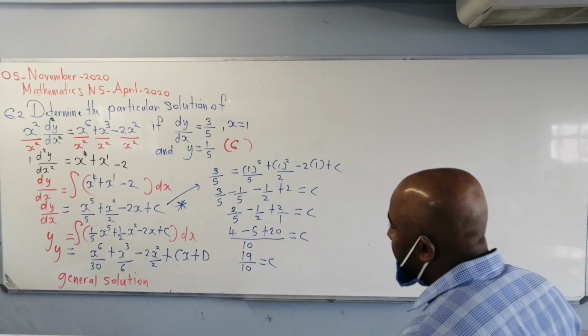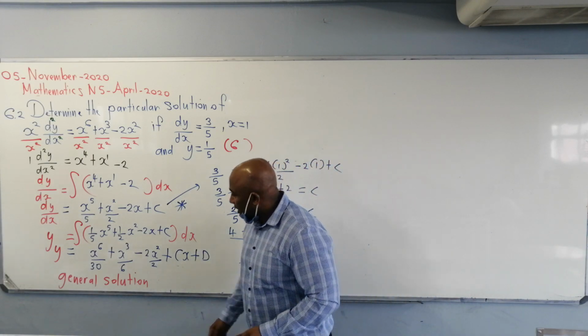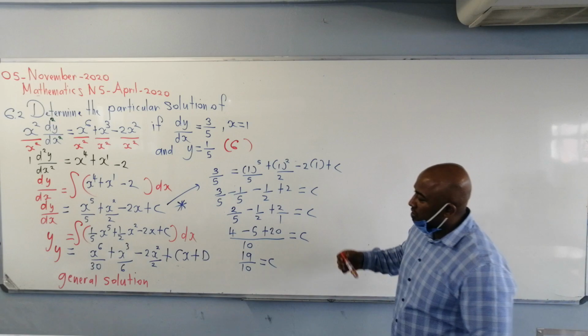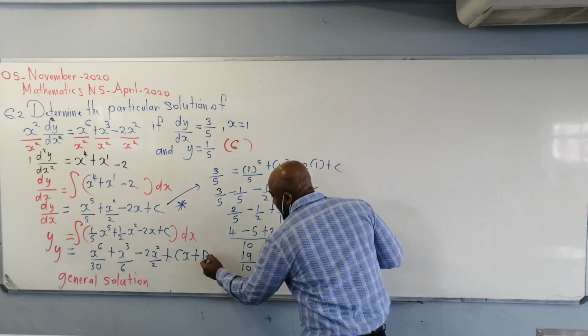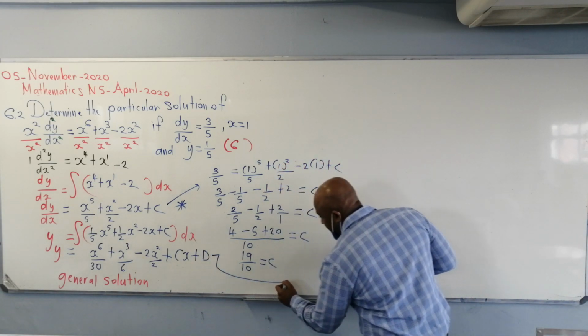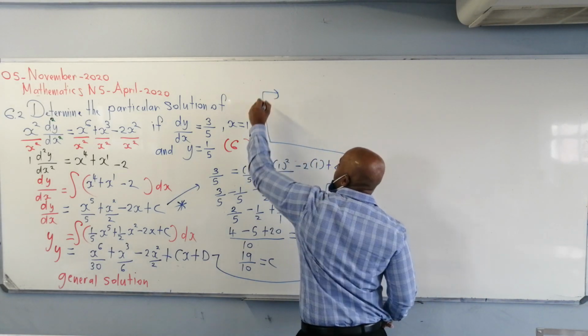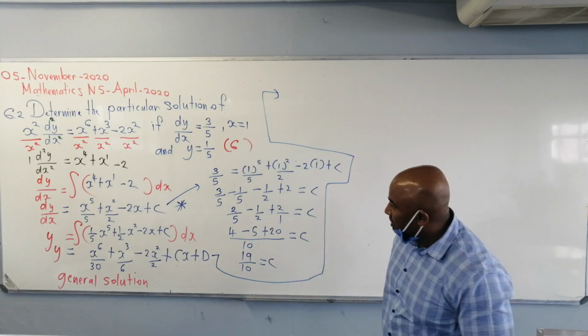Right, so we're going to substitute into the general solution when y is equal to 1 over 5.